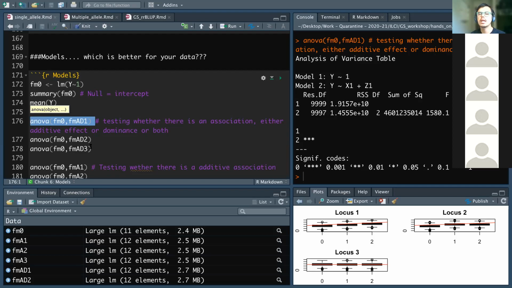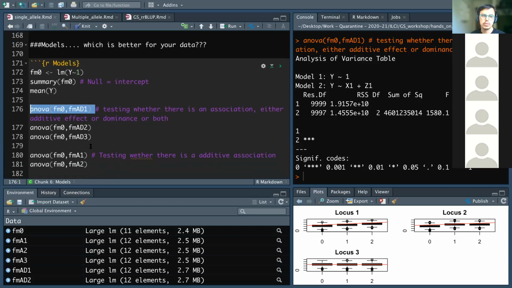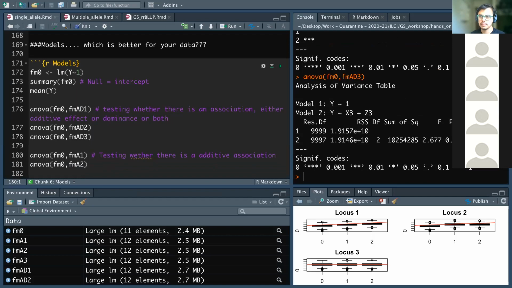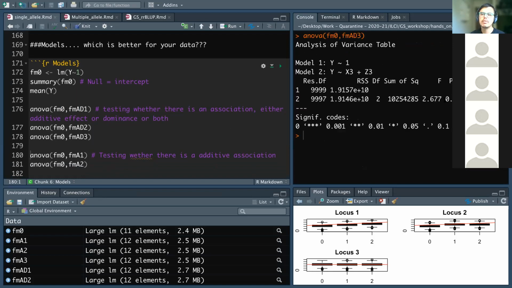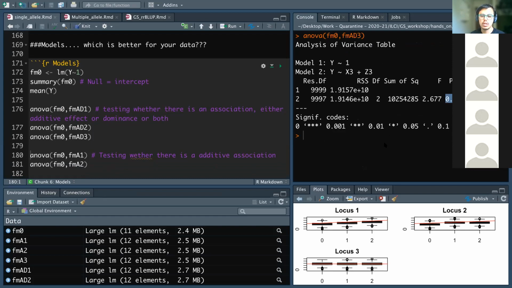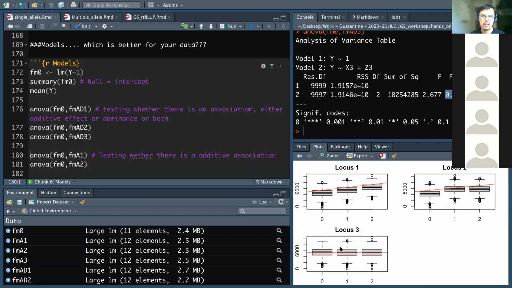We can do the same for the three loci. As you can see in locus 3, for example, the p-value is not significant, because remember that in the simulation locus 3 doesn't have any effect on the phenotype.